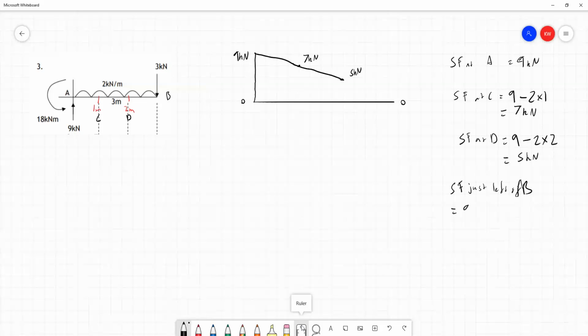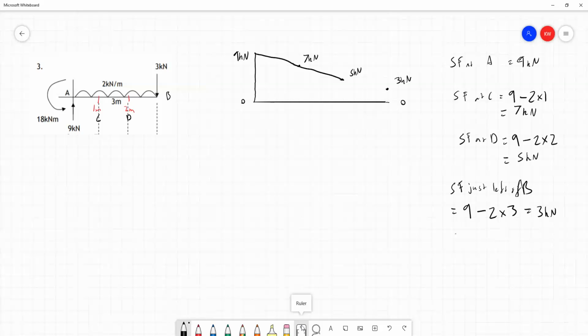So that's our 9 kilonewtons up. Now we've got minus 2 kilonewtons per meter over 3 meters. So that's minus 6 in total. So we're left with 3 kilonewtons to start with. And when we get to B, we're at 3 kilonewtons. Just offset at the end of the line.